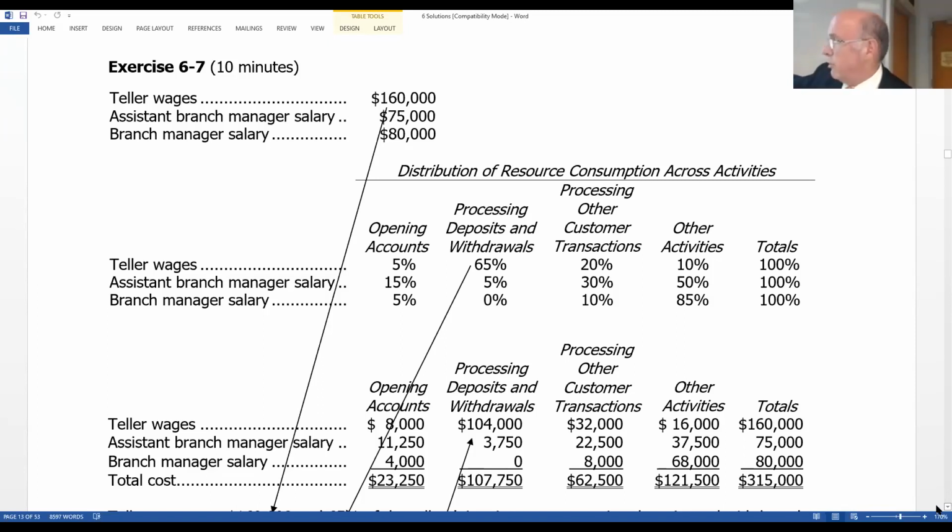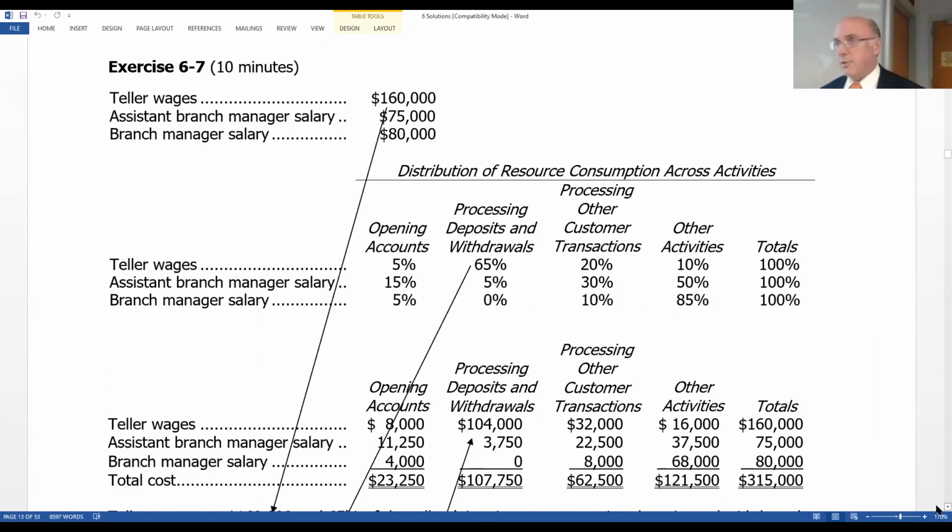So, one way to eliminate $23,250 is not to open up accounts. But don't do that. Because if you don't open accounts, eventually you're not going to have customers, because a certain number of customers move to another city and close their account or something. So, there are ways you can maybe cut that cost from 23,000 down to maybe 18 or 15.